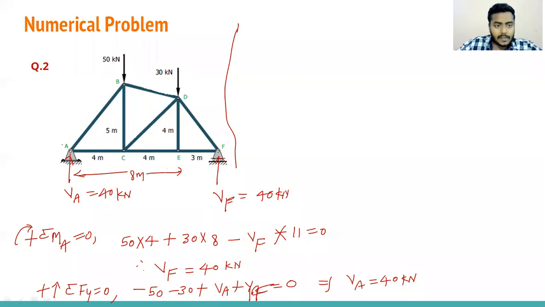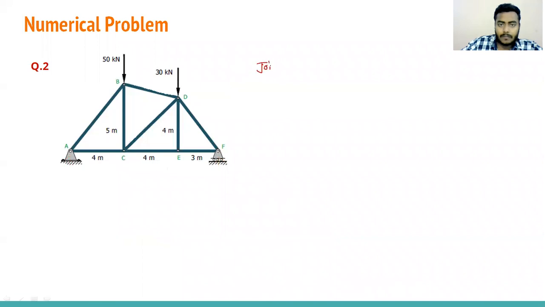So I am taking this joint A. Joint A, this we get 40, this also we get 40.